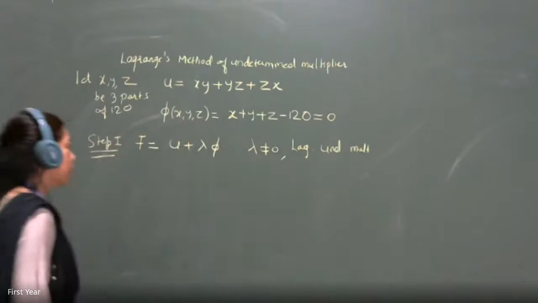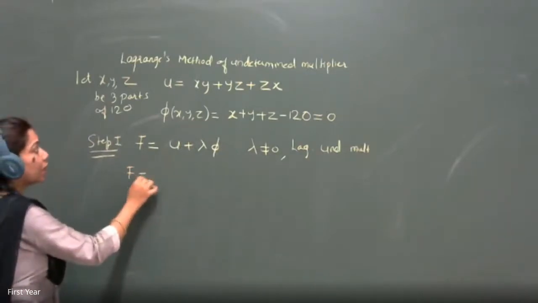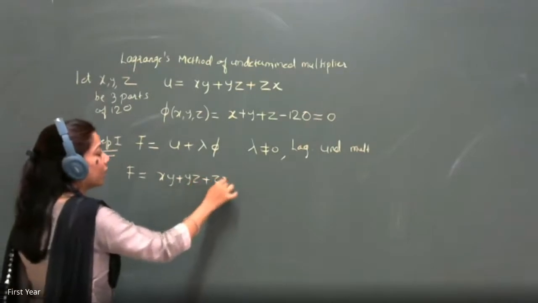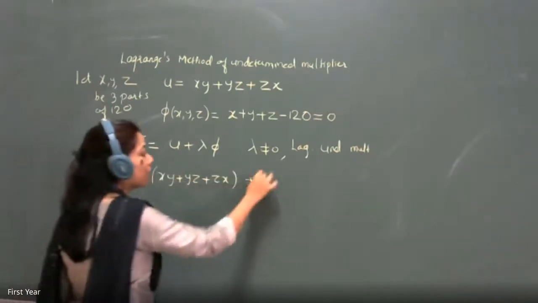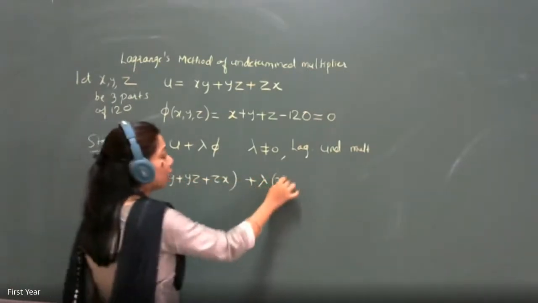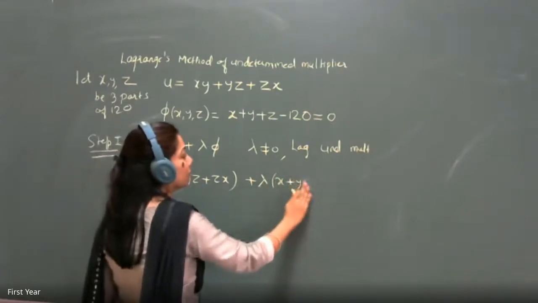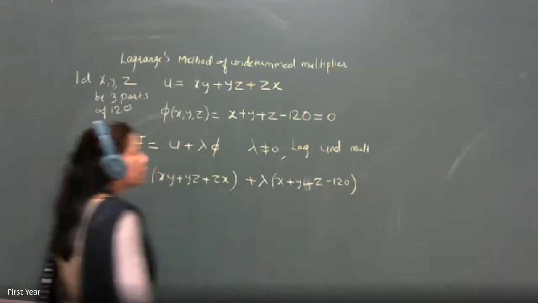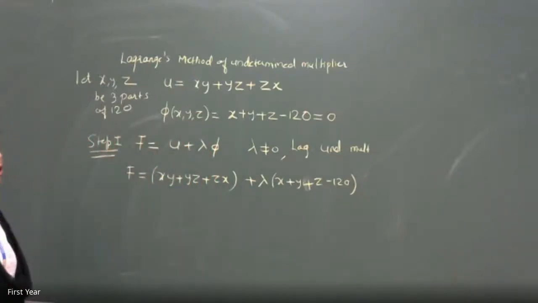So capital F is xy plus yz plus zx plus lambda times phi. What is phi? x plus y plus z minus 120. Always phi has to be written as equal to 0. That's why x plus y plus z equal to 120 is converted to x plus y plus z minus 120 equal to 0.